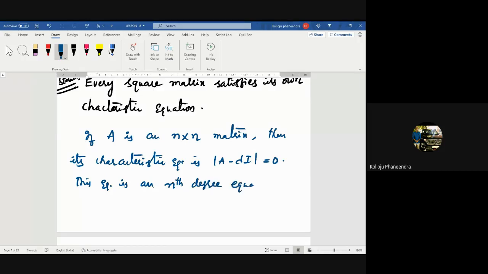Since A is n by n, if it is 3 by 3 you get a cubic equation in lambda. So it possesses n eigenvalues. In this equation lambda is unknown. A is known, I is known. Only lambda is unknown.